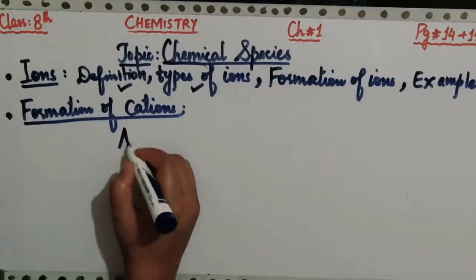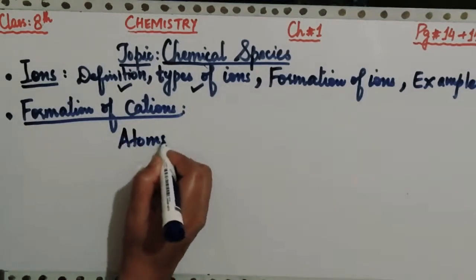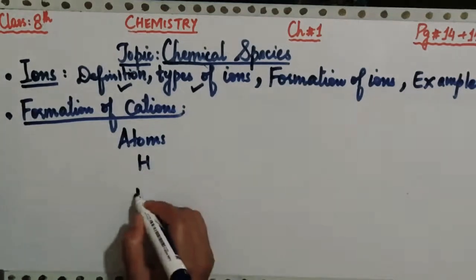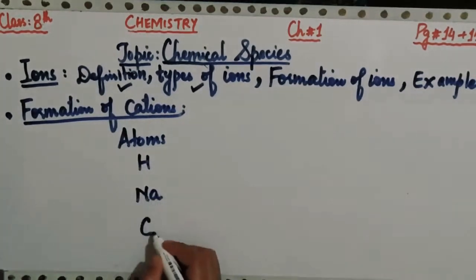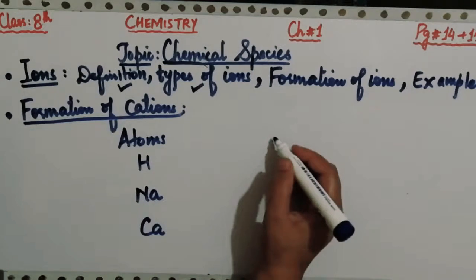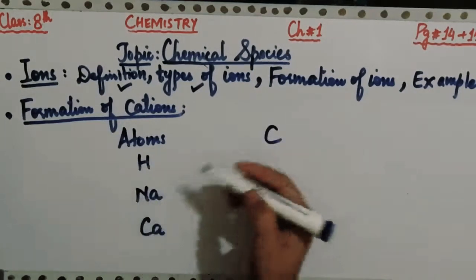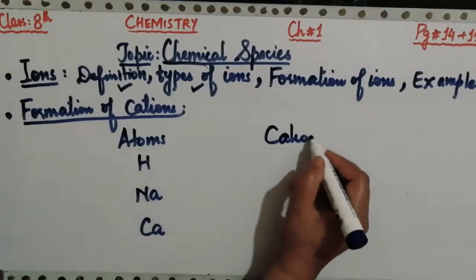In this case, atoms like hydrogen, sodium and calcium, while on the other hand we are making ions from these atoms, and which type of ions?